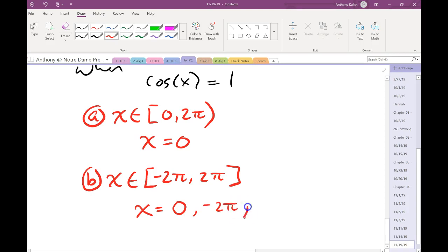And there's one more: positive 2 pi. Well, look at the interval that we're working on. I have brackets at both ends, so I can have both of those as answers. Is everybody okay there?